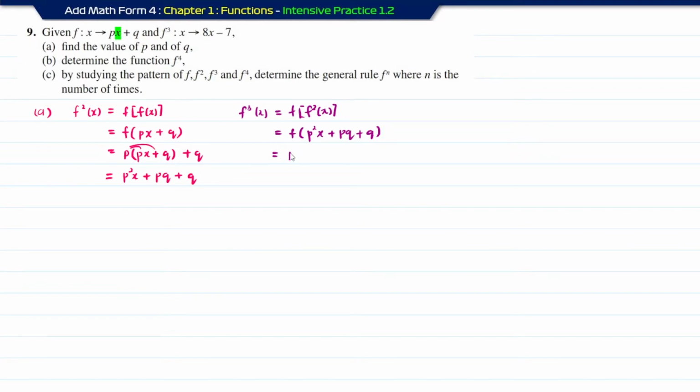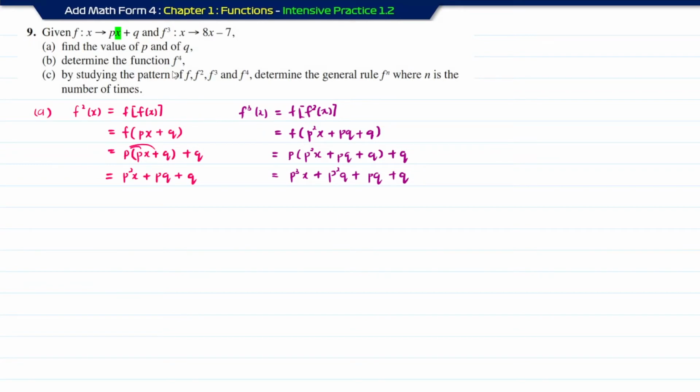So we're going to have p(p square x plus pq plus q) plus q. This part also you're going to expand. So you're going to have p cube x plus p square q plus pq plus q. So this is the iterative function f cubed.